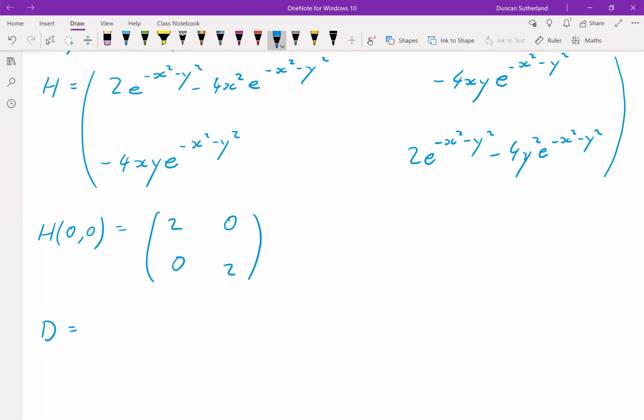The determinant, we multiply the diagonal terms and subtract the product of the off-diagonal terms. So we have a positive determinant. That means that we have either a minimum or a maximum. And now we work out the trace. The trace is positive. That means that we have a minimum, right?